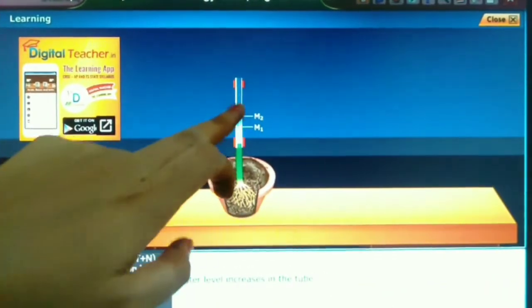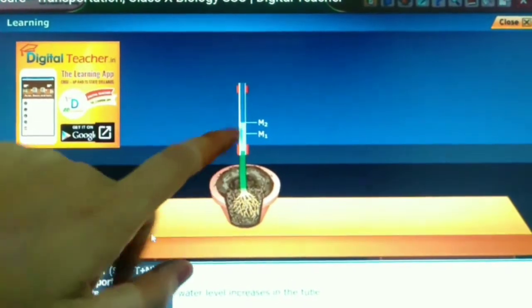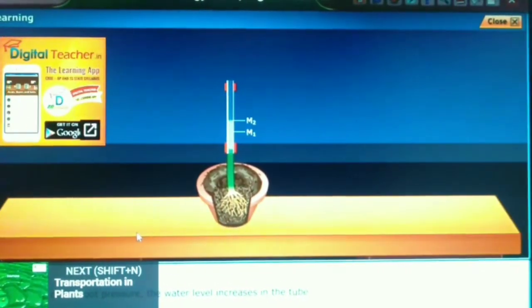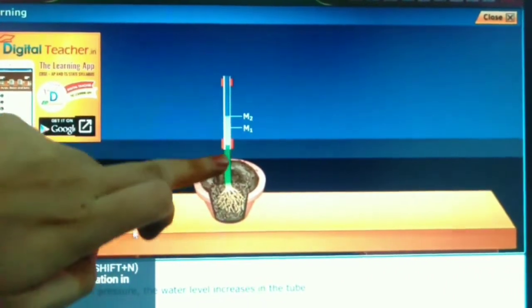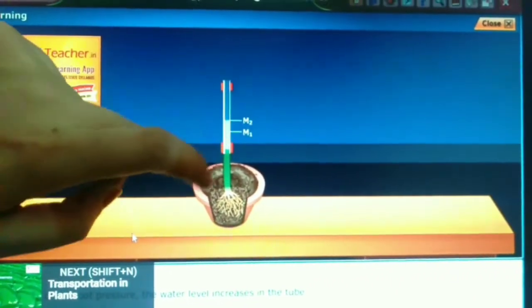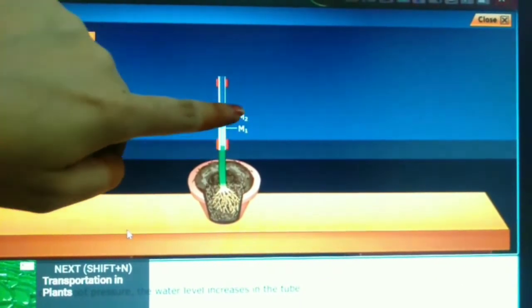To observe the transportation of water, we have cut the upper part of the plant and put the glass tube here. In this experiment, the water level has increased from M1 to M2.